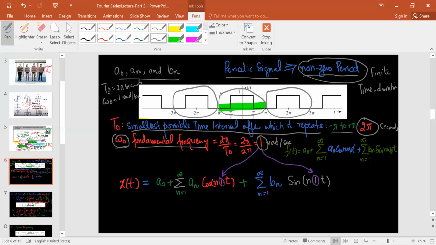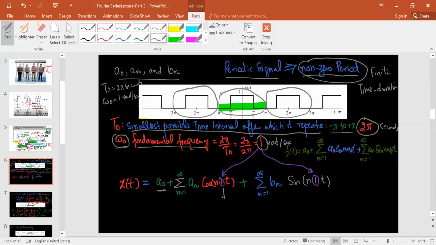So once we have T naught and omega naught, now we are in a position to write our Fourier series. So our Fourier series now becomes a naught, plus an infinite sum of a n cosine n omega naught t.